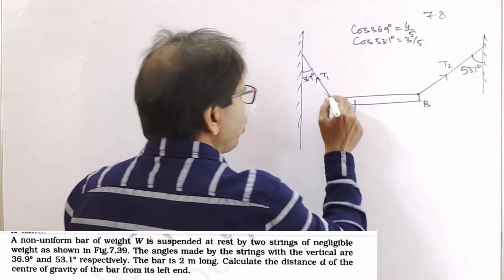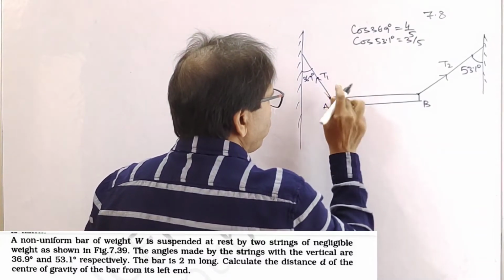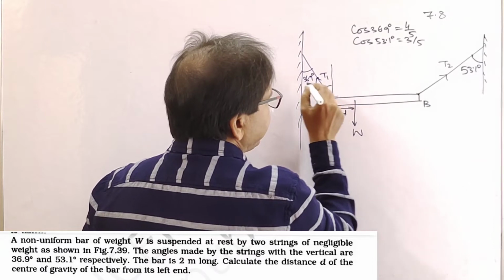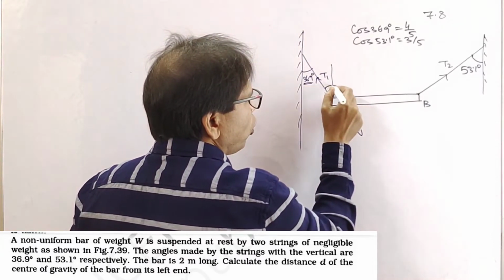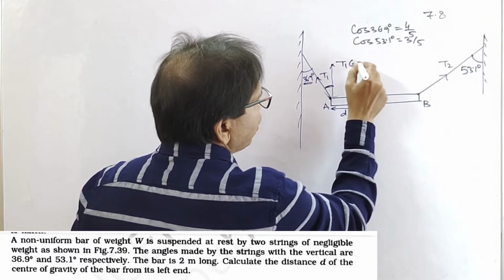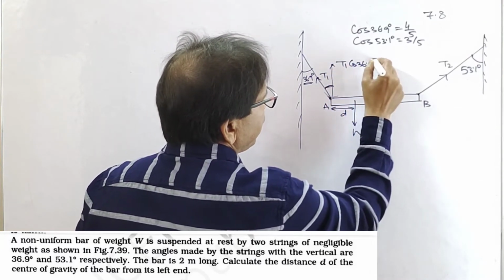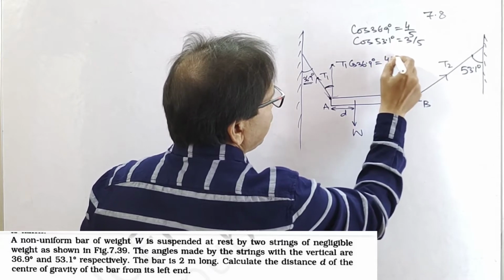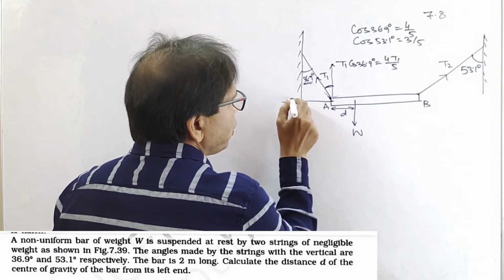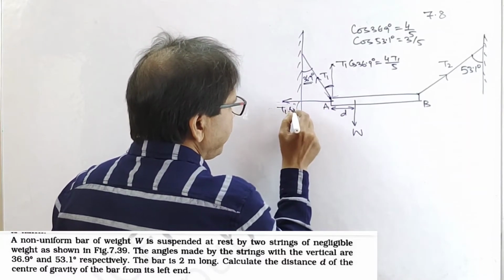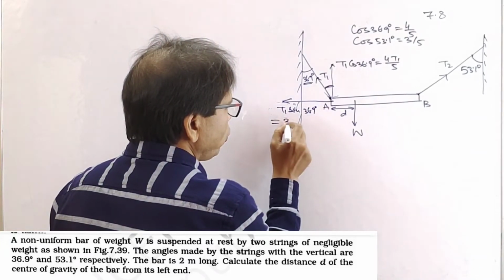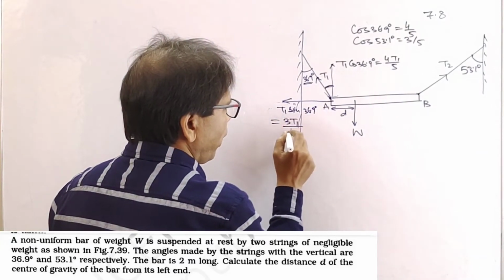Now the component of T1 normal to the rod: this is the 36.9 degree, so this also is 36.9 degree. So this is T1 cos 36.9 degree, that is 4 T1 by 5. Now the other component is T1 sine 36.9 degree, so this is 3 T1 divided by 5.